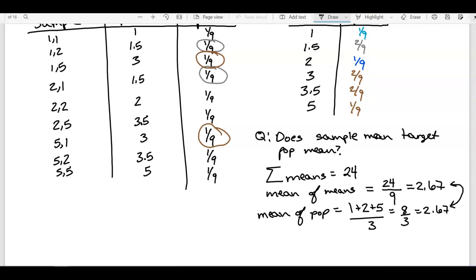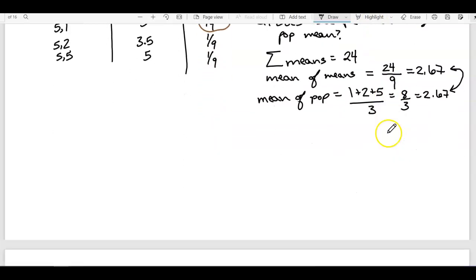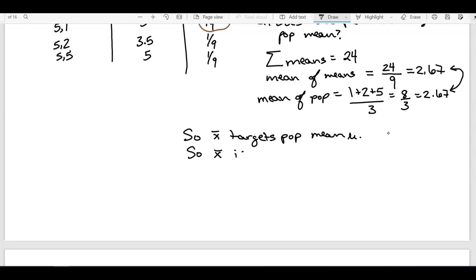So what this means is that the sample mean does target the population mean, so it's a good estimator. It's going to be a good estimator for that population mean.